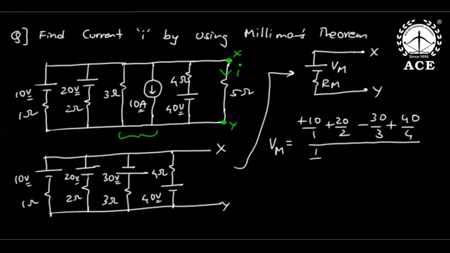However, the resistor is passive and bilateral: 1 by 1 plus 1 by 2 plus 1 by 3 plus 1 by 4. If you calculate, you will get Millman's voltage of 9.6 volts. Then Millman's resistance is 1 by sigma 1 by Ri, which is 1 by 1 plus 1 by 2 plus 1 by 3 plus 1 by 4.